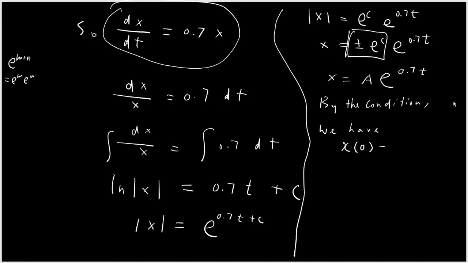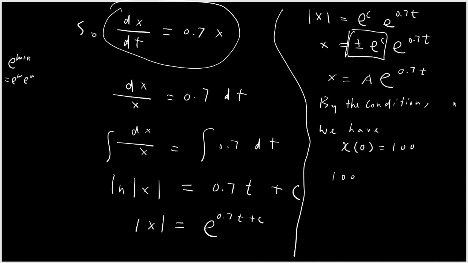It means x of 0 is equal to 100. When time is 0, there are 100 bacteria. Using that condition, we can determine the value of a. Let's recall the initial condition can determine the value of the constant.